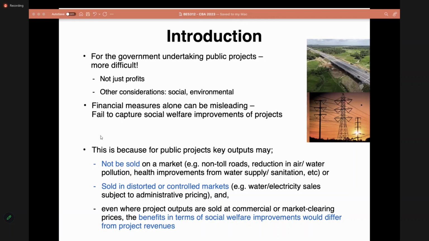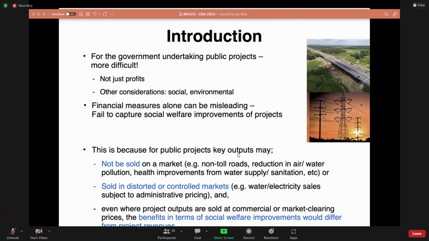or say a power supply project, or some kind of health care facility, then what happens?